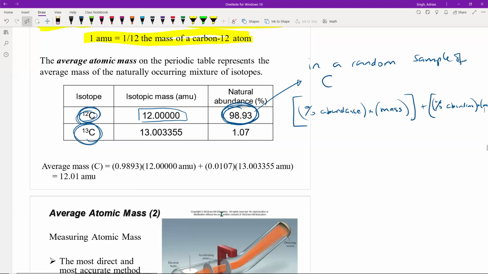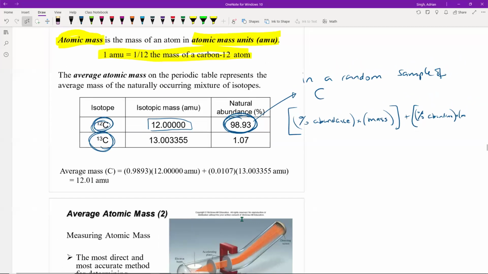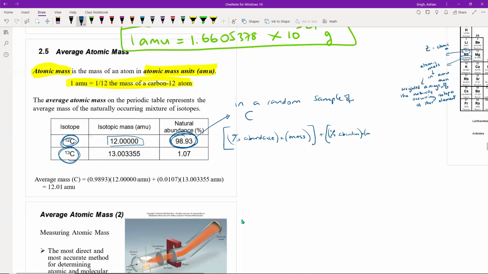And then we keep doing that until we've accounted for all of the isotopes of that particular element. The percent abundance that we incorporate into this calculation is represented as a decimal. For example, 98.93% is the same as 0.9893.